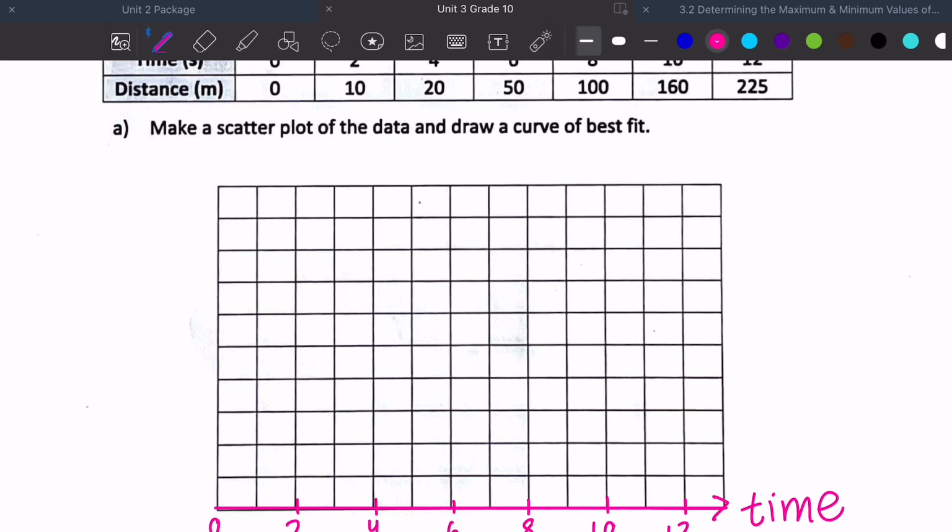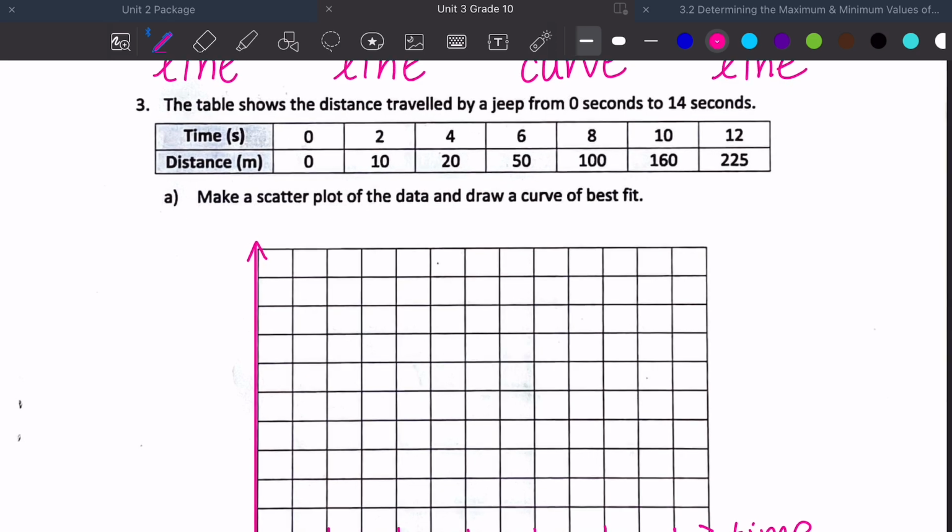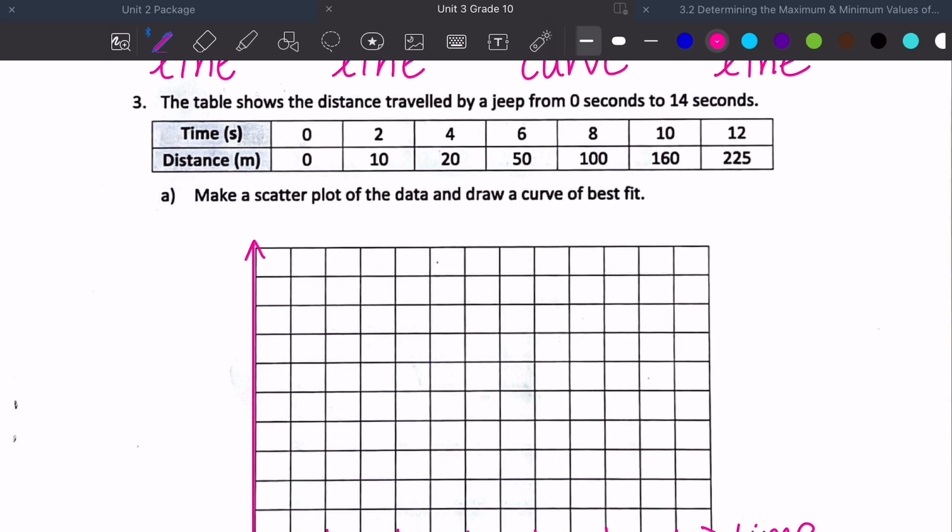Distance is the dependent variable, so the vertical one, because how far you travel is dependent on the time. In this case, it's talking about the travel of a Jeep, so a car. The distance of the car is dependent on how long you are driving for, right? So this is going to be our distance. And scale is important because obviously I cannot go by ones or even twos.